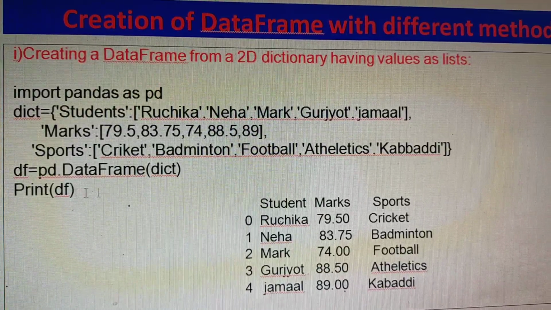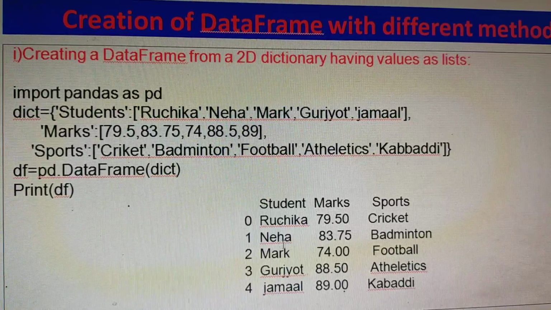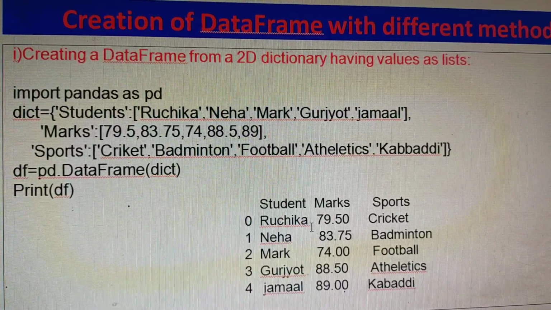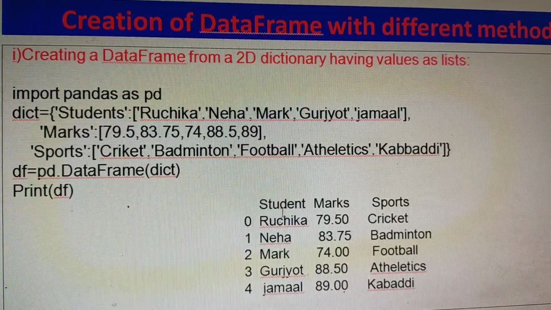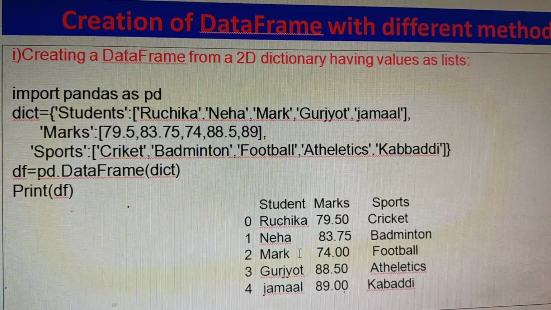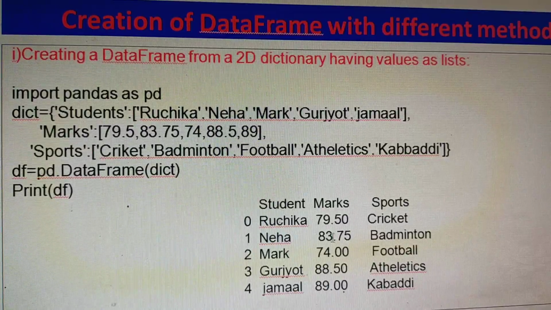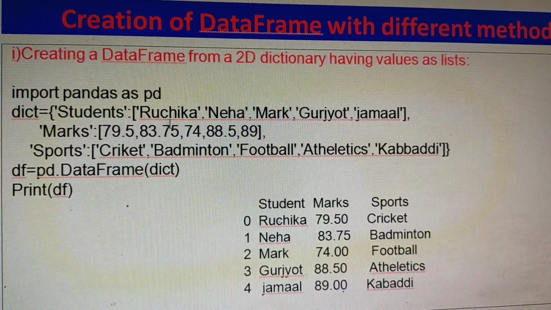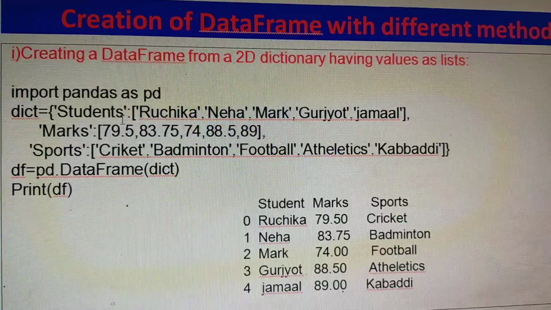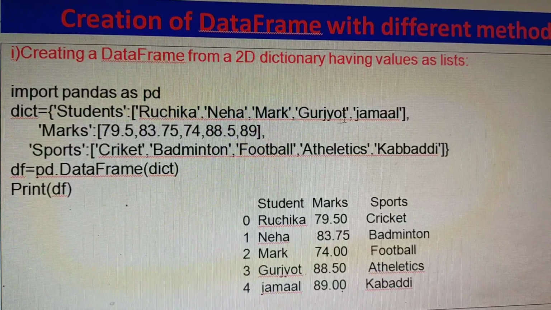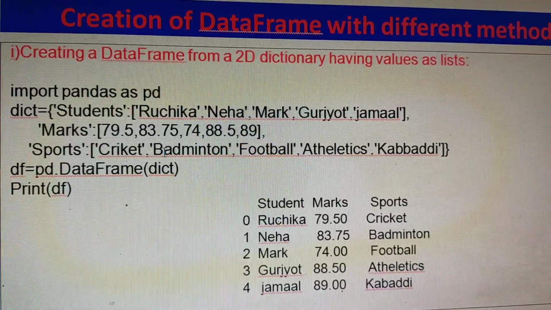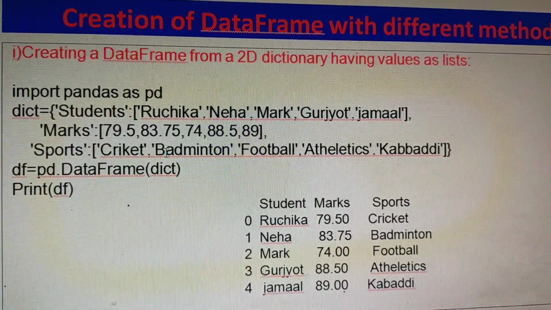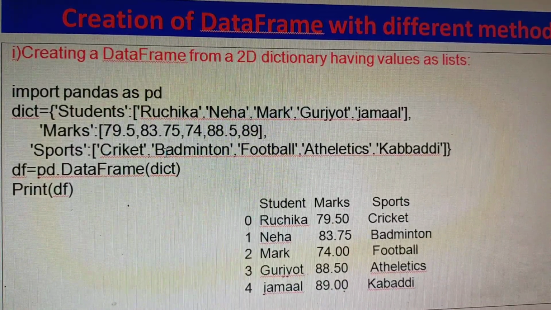And when you print the df you will get the data frame. Data frame is the 2D data containing rows and columns, several rows and several columns. So in this way you can create a data frame using the 2D dictionary having the value as a list. So this is the one method of creating the data frame.